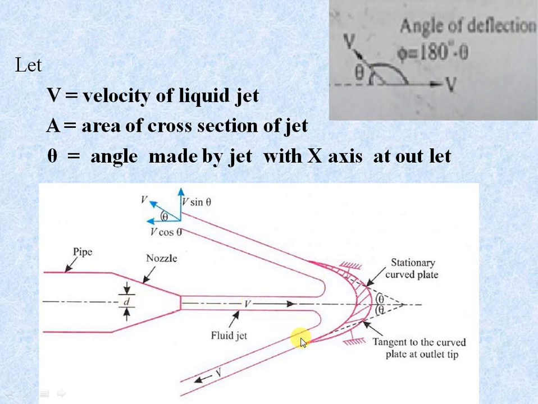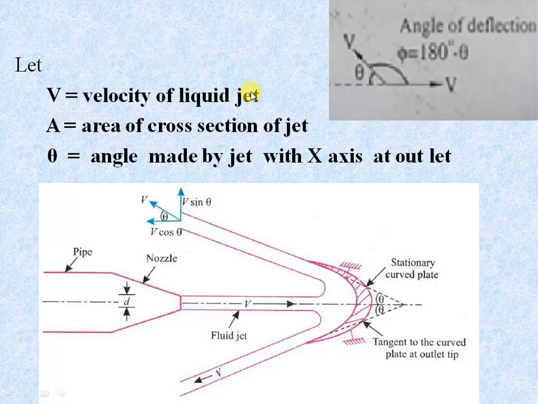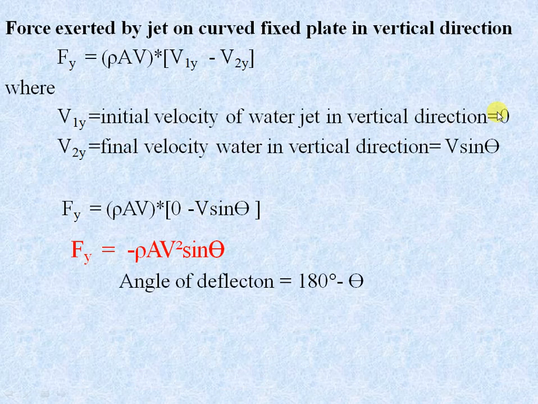So in this case, v1y is 0. You can see that the initial velocity of the water jet in the vertical direction is 0, and v2y is v sin theta. So you can put here v sin theta and consider the upward direction as positive, so take a positive sign.